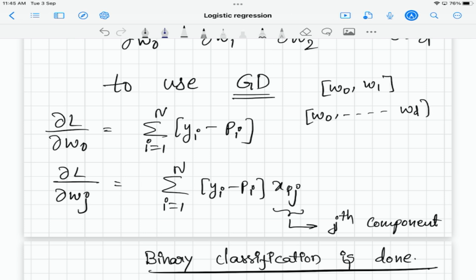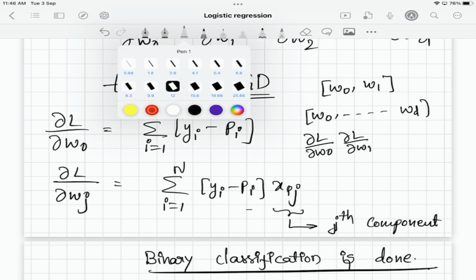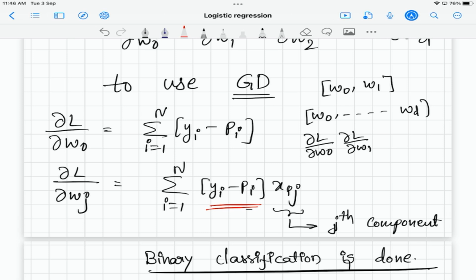But weight values, so you need to compute your derivative with respect to each of these terms. For each of these terms, if you expand your logistic regression framework, you will end up getting this as your derivative, where in place of xi you have the jth component of xi, because you are deriving with the jth weight.